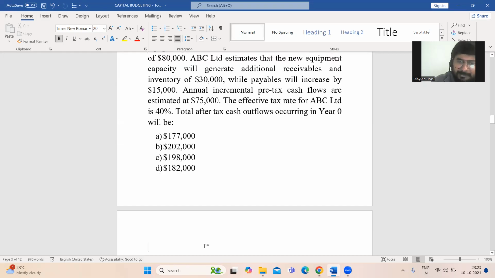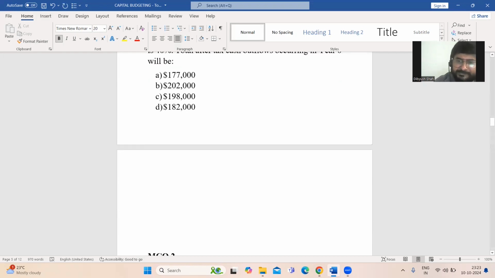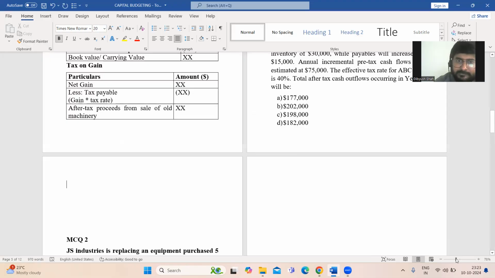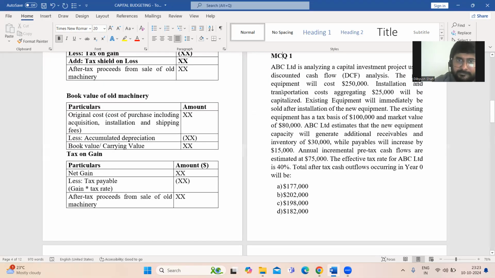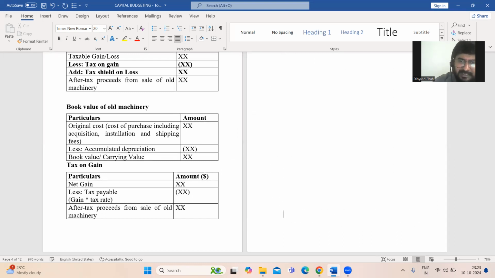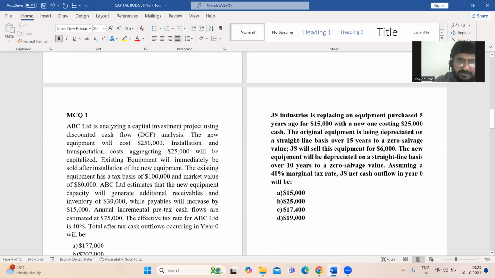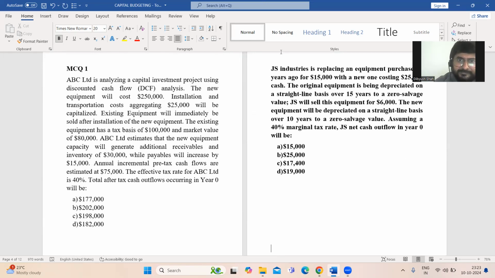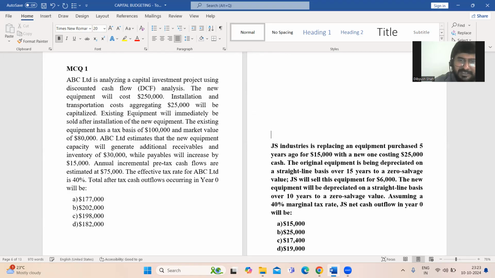Let's prepare the table and fill this up. I'm putting this on the next page, which will make my life easy when I'm solving the question.